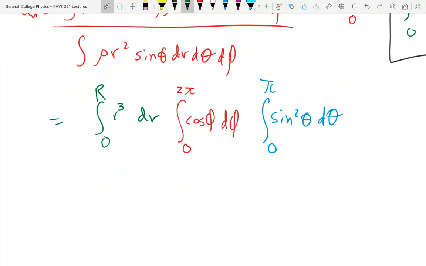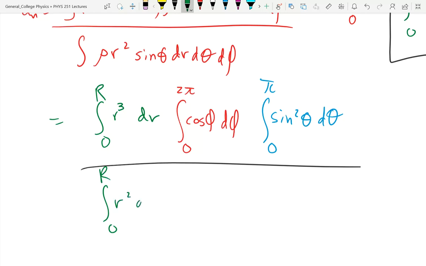on the top. On the bottom, I will have... Is that pi over 0?